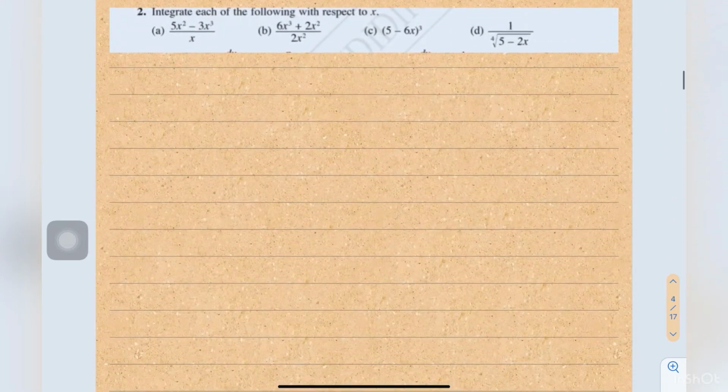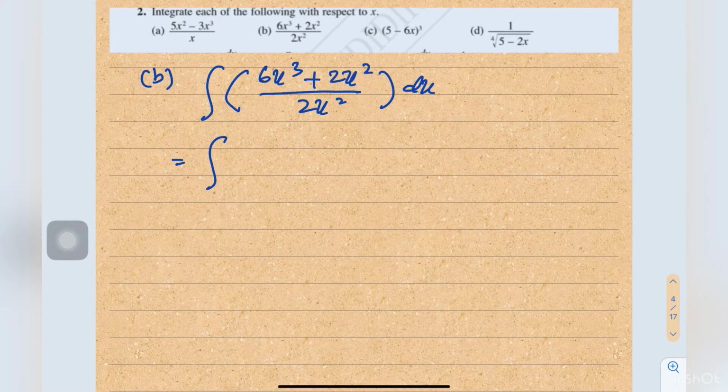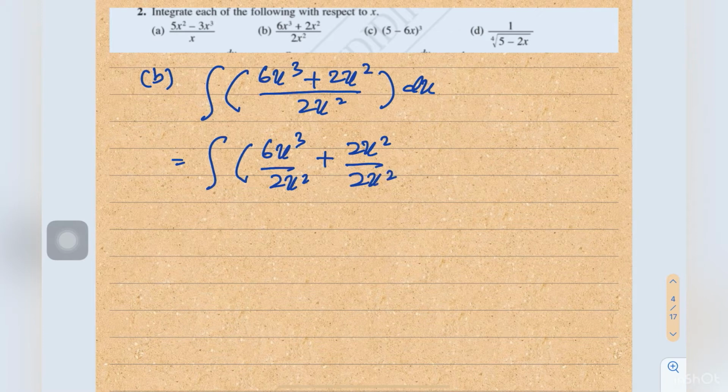Question 2b. Integrate 6x cubed plus 2x squared over 2x squared. We separate first. Now we have 6x cubed over 2x squared plus 2x squared over 2x squared dx.